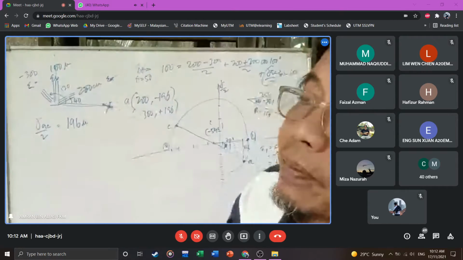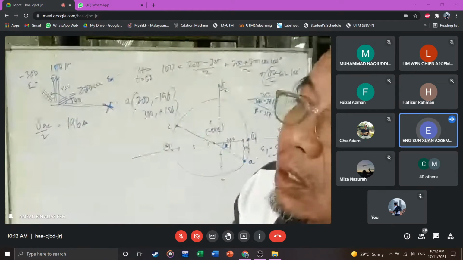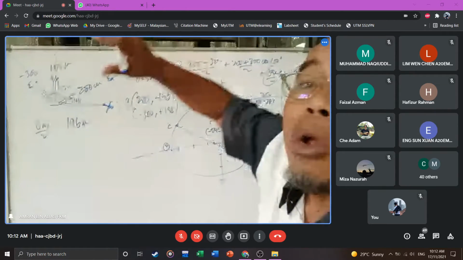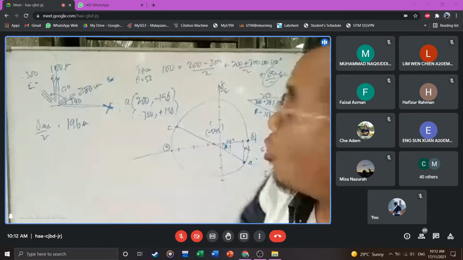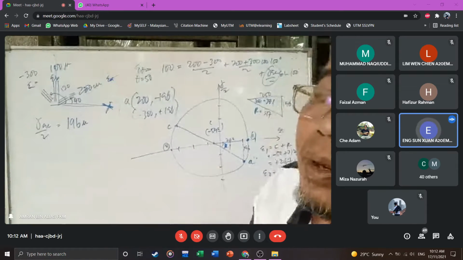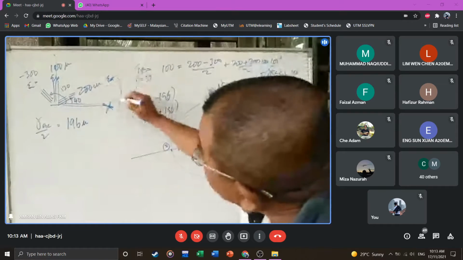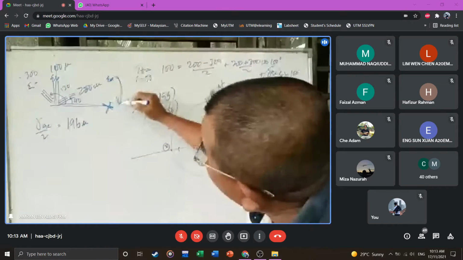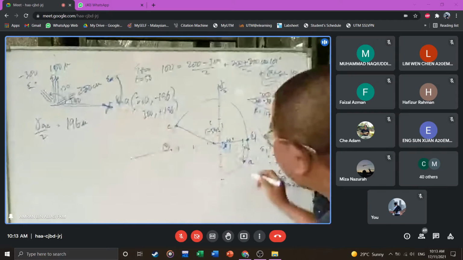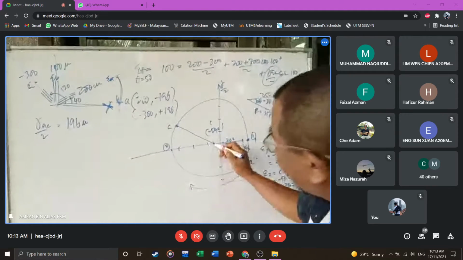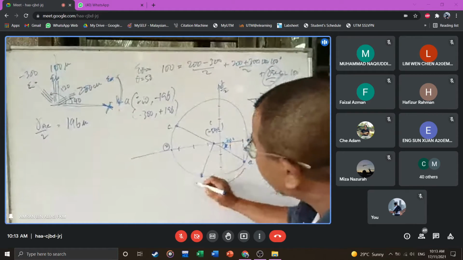Your X is negative 40 degrees in real life, so clockwise 40 degrees, which means clockwise 80 degrees on the circle from A. This arrow should be shown there. There is your X position.